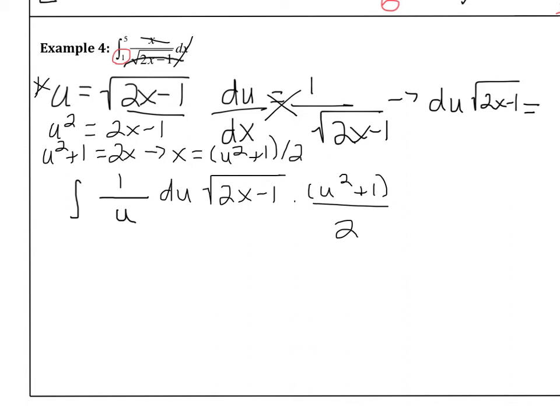When x is 1, I get the square root of 2 minus 1, so the square root of 1, that's 1. When x is 5, u will be equal to the square root of 2 times 5 minus 1, so the square root of 10 minus 1, which is the square root of 9, which is 3.